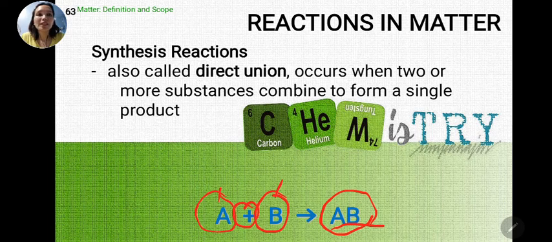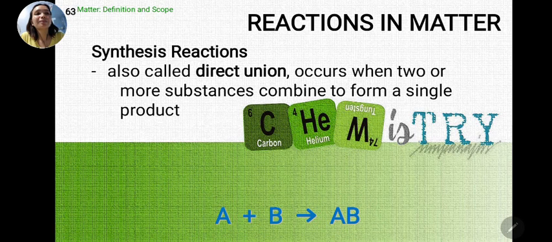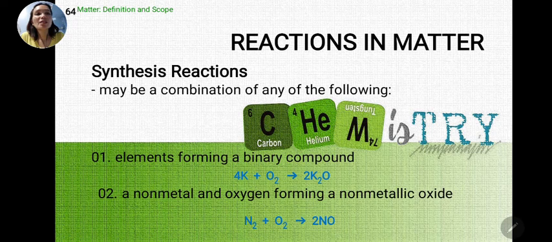So let's see some examples with real chemicals. These may be a combination of any of the following. There are elements forming a binary compound. So one element, another element. You will have a binary compound which is composed, since bi means two, of two elements in your product.